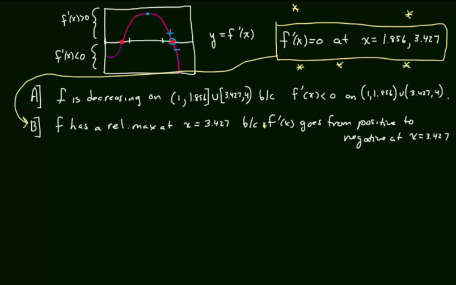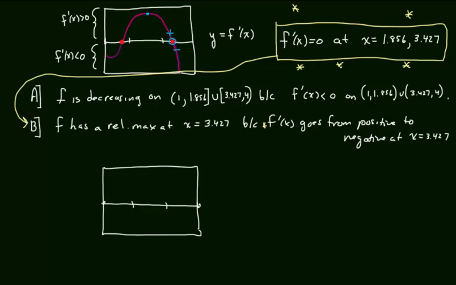Now in part C, it wants to know where the graph of f is concave down. The theory behind concave down is where the second derivative is less than 0. So we are going to take a moment to graph the second derivative function. This is the same window screen. 1, 2, 3, 4, and 1 is over here.